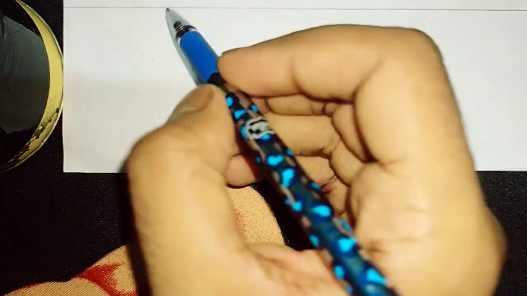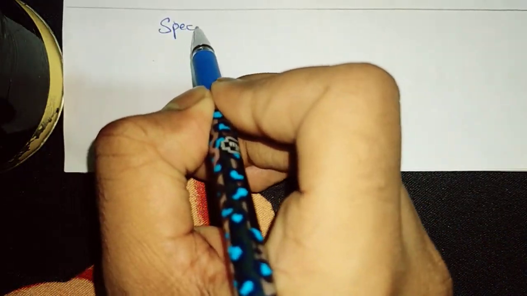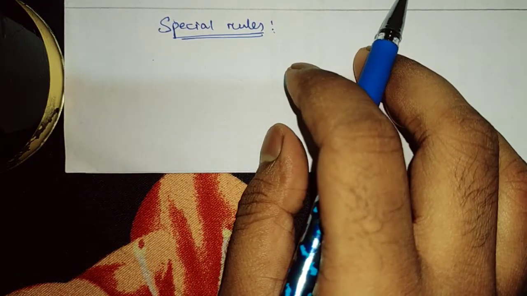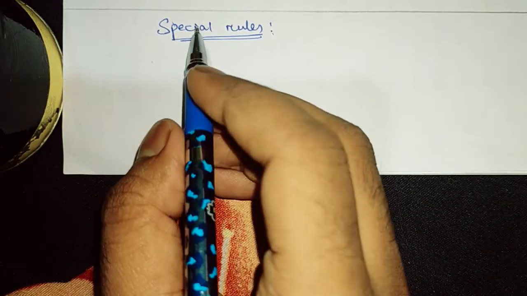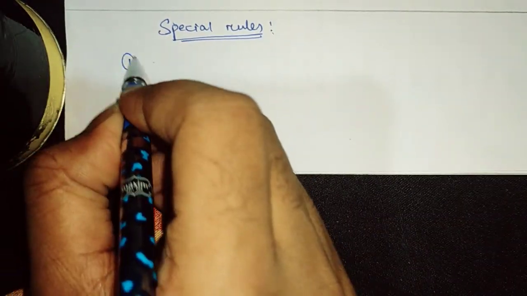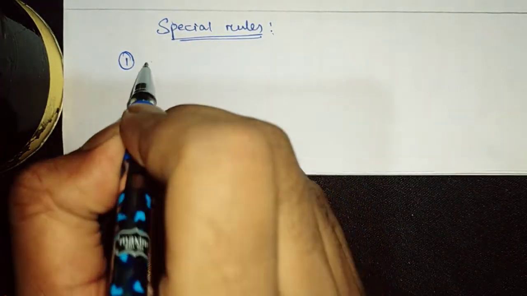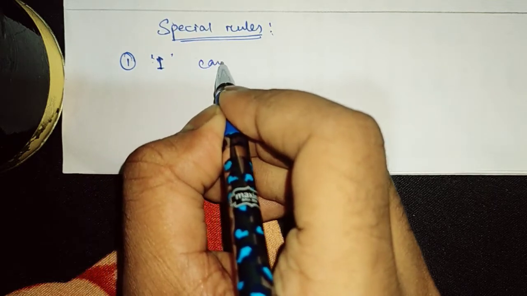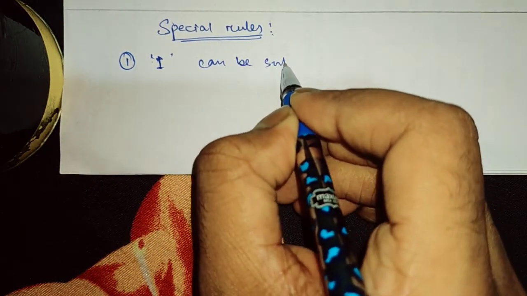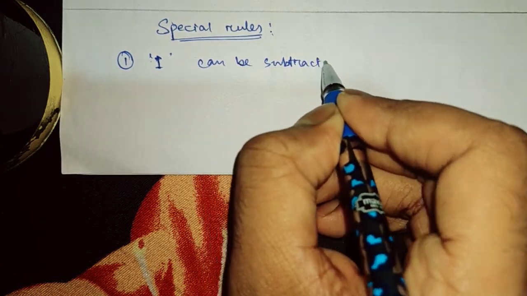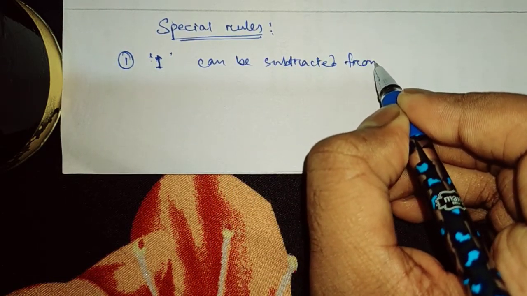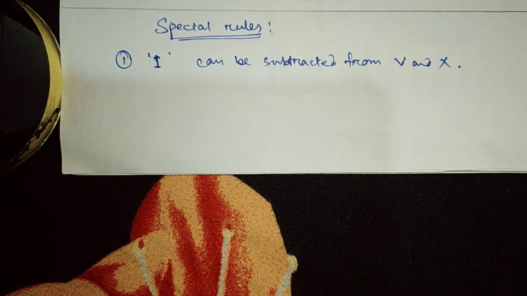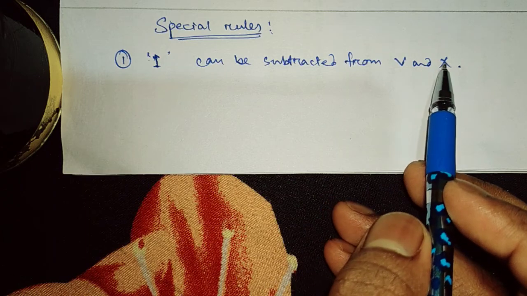Now we will talk about some special rules. Special rule number 1: this value of I, the 1, can be subtracted from 5 and 10. 1 can be subtracted from 5 and 10.